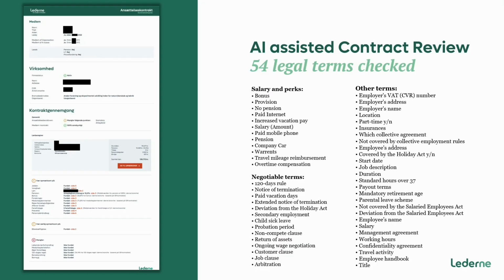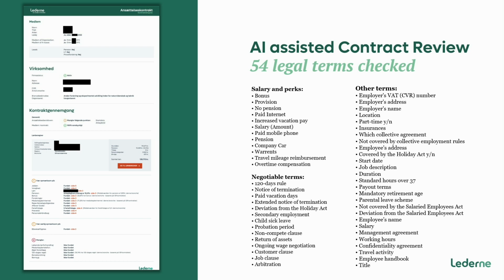So this is when a caseworker logs into the CRM system and prepares to call a member and give feedback on a contract. Our AI model has already scanned the contract. There's a lot going on in this, and I'm going to go step by step and show you everything it does. But basically, it's actually an older AI model.